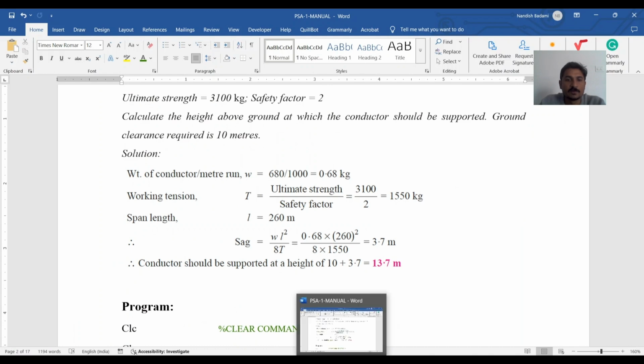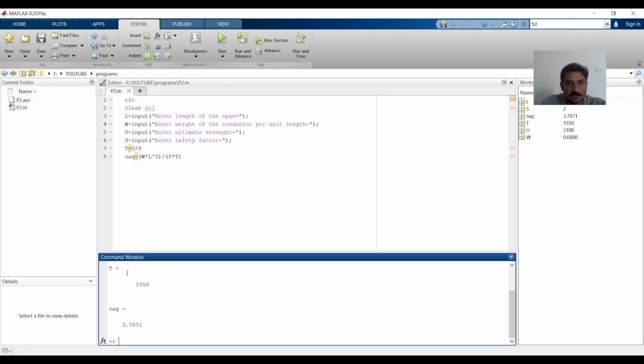If you look at this program, the output for T is equal to comes on the next line, and the sag output also comes on the next line.